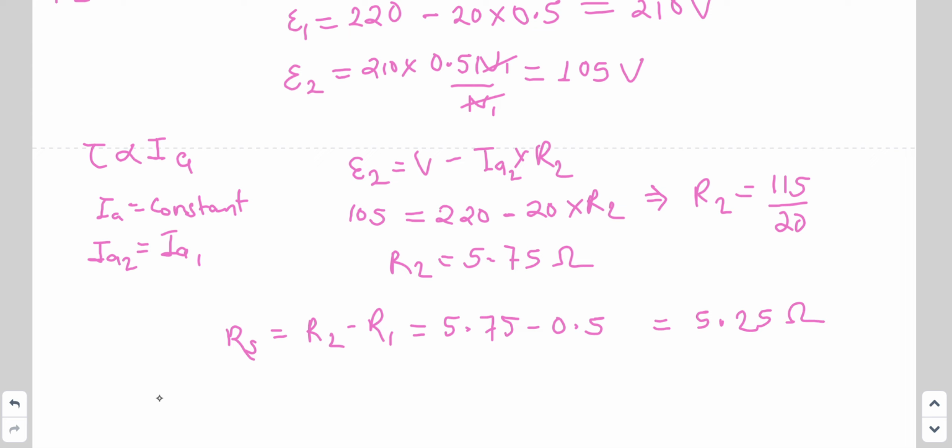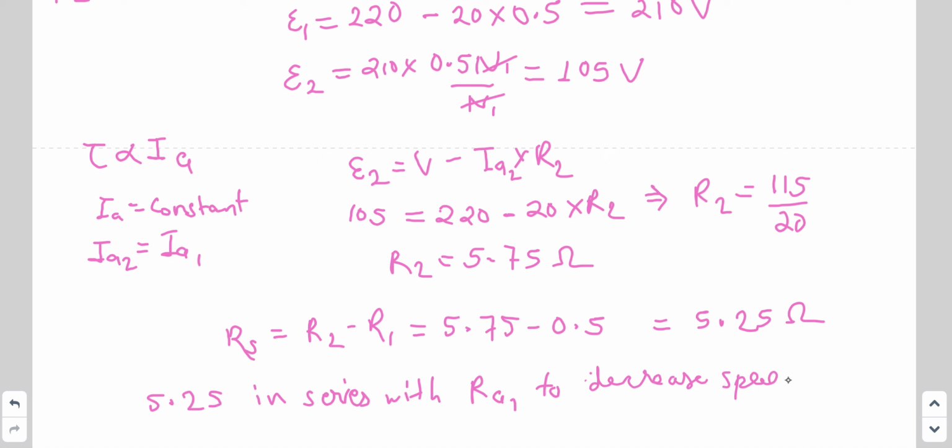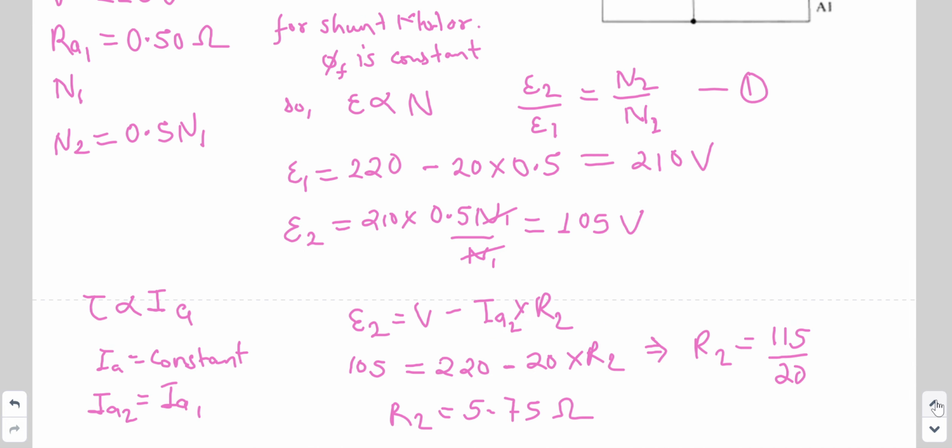So we have to connect 5.25 ohm in series with armature resistance Ra1 to decrease the speed by 50%. So this is our first part answer.